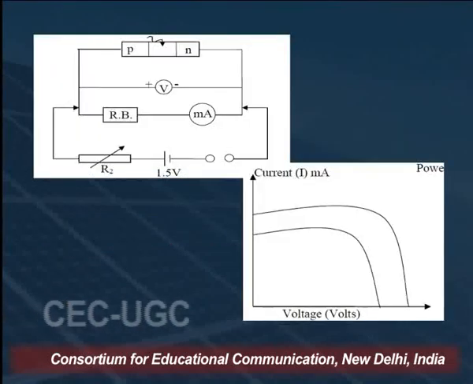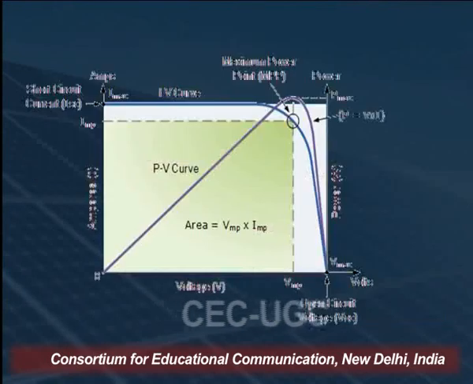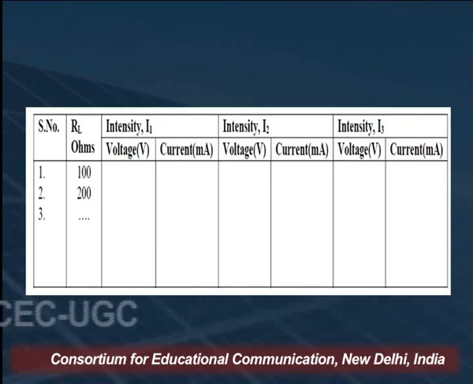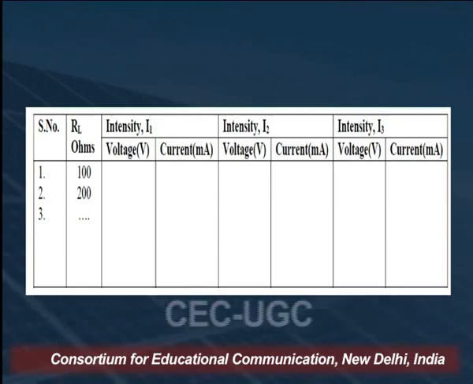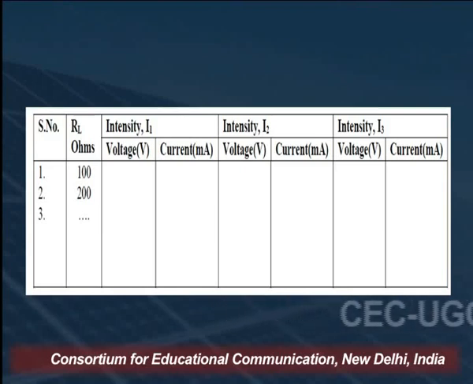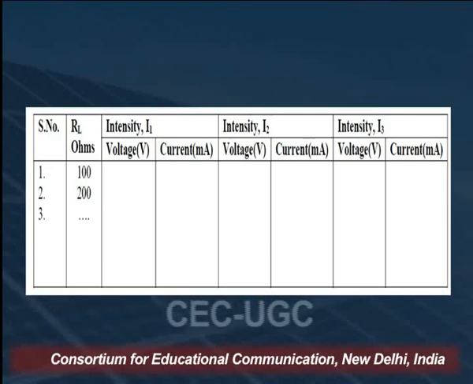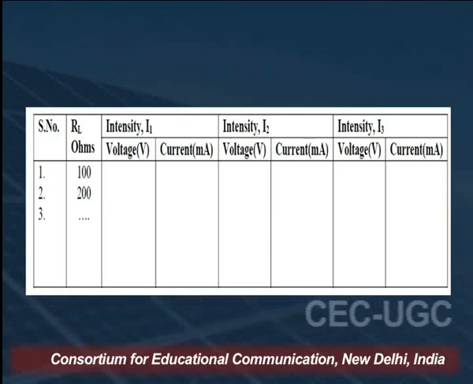Here we see on the screen, this is the output. This table we will make. Here we just take the intensity. For the one intensity, we note down the voltage and current for a particular load. The second intensity, represent the intensity I2. Intensity will change.